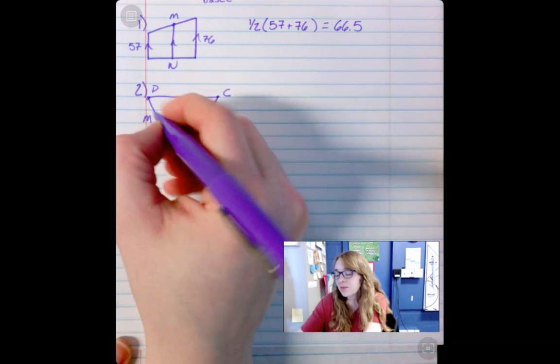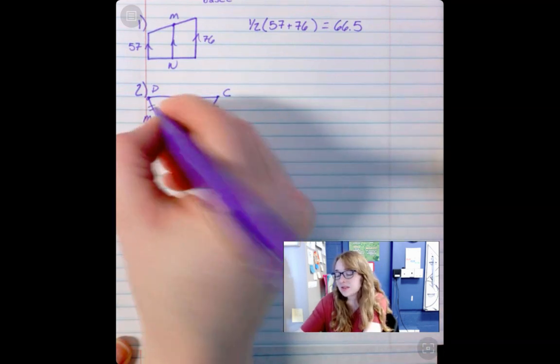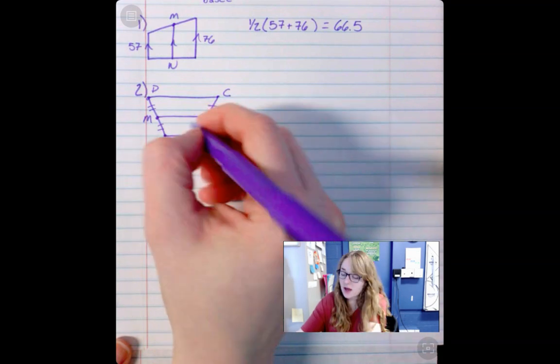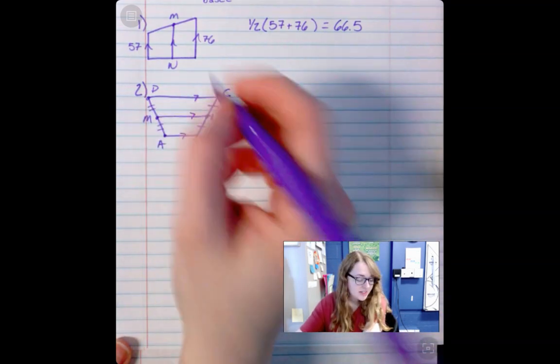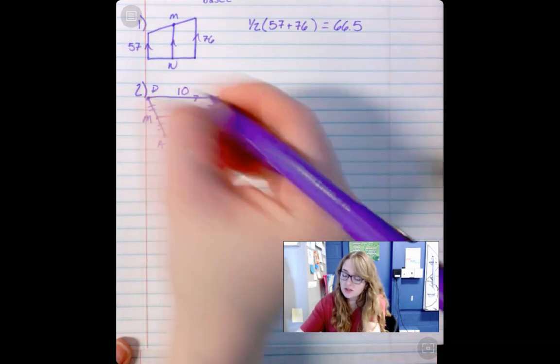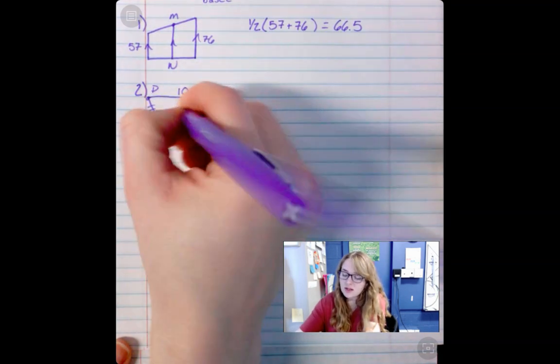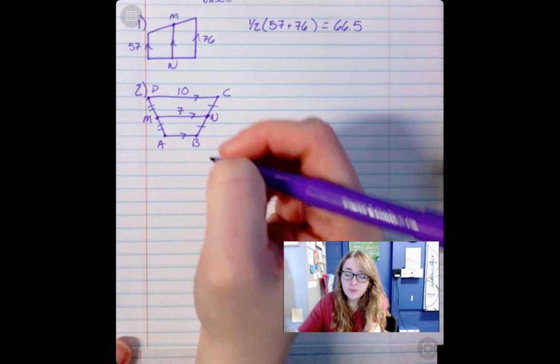We know that M is the midpoint of AD because they both have tick marks on it. Again, we know that all of these are parallel. We know that DC is equal to 10 units. We know our mid-segment is equal to 7 units, but we don't know the other base.